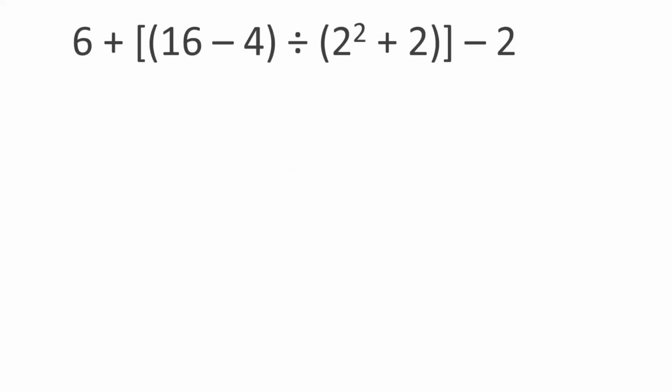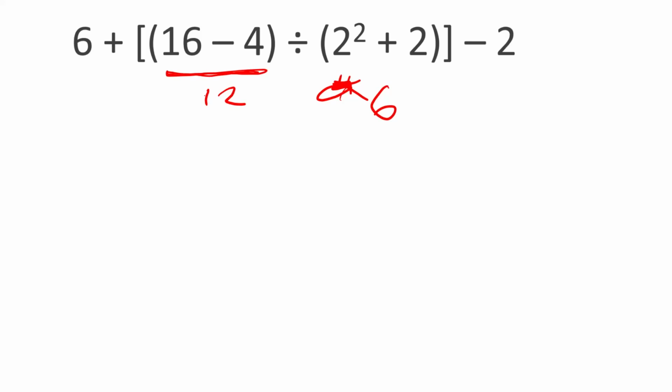Now with this one we have brackets within brackets. That's fine, we just do it bit by bit. 16 minus 4, that puts us at 12. 2 squared is 4. Let's add another 2. That's now 6. So we've done our 2 sets of brackets inside the brackets.